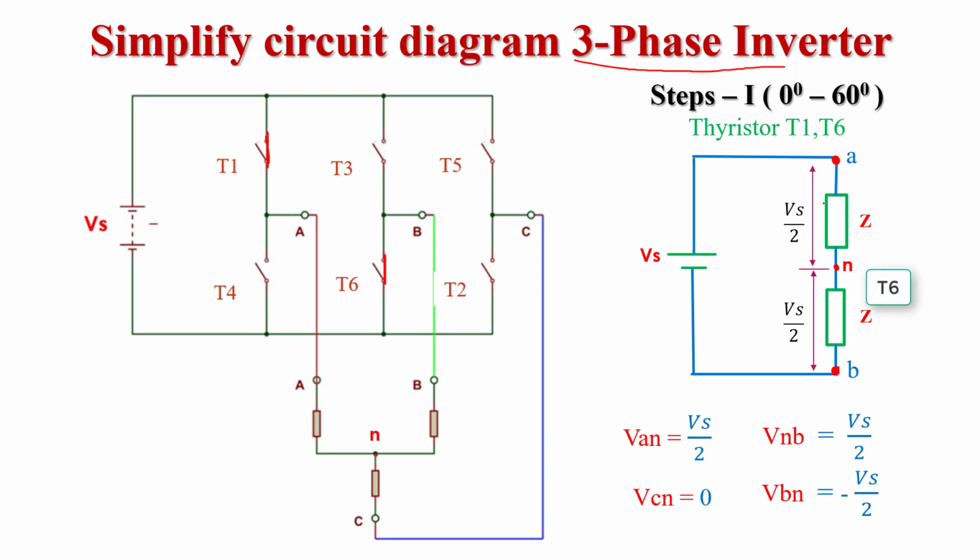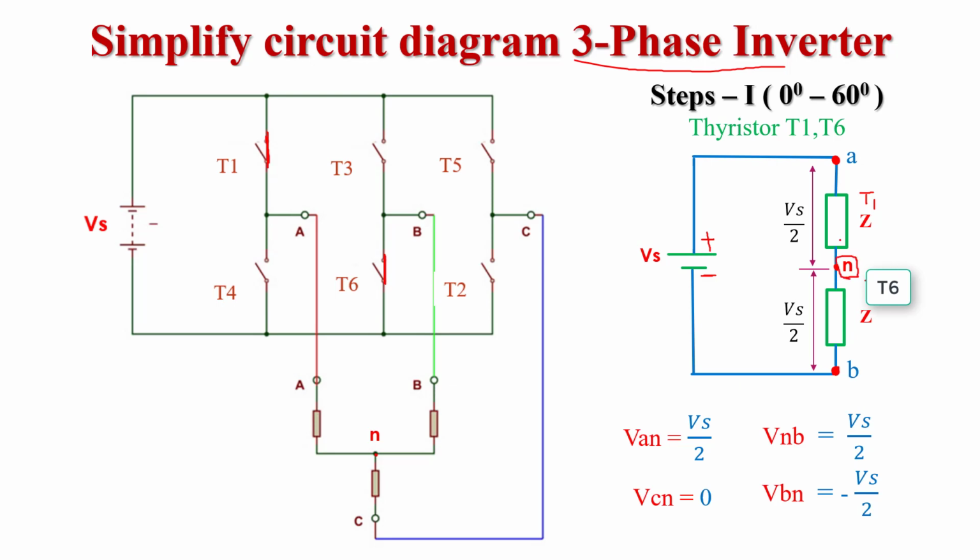So here we draw the simplified circuit diagram. That is, the T1 thyristor is from phase A and the T6 thyristor is from phase B. T1 is a positive group thyristor, so it connects to the positive terminal of the supply voltage. T6 is a negative group thyristor, so it connects to the negative terminal of the supply voltage. And this is the neutral point.